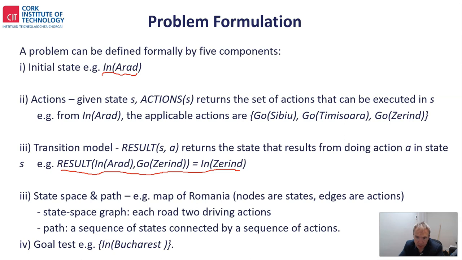However, in other cases, a goal could be specified by a more abstract property rather than an explicit set of enumerated states. So if you were to take the example of playing chess, the goal is to reach a state called checkmate.